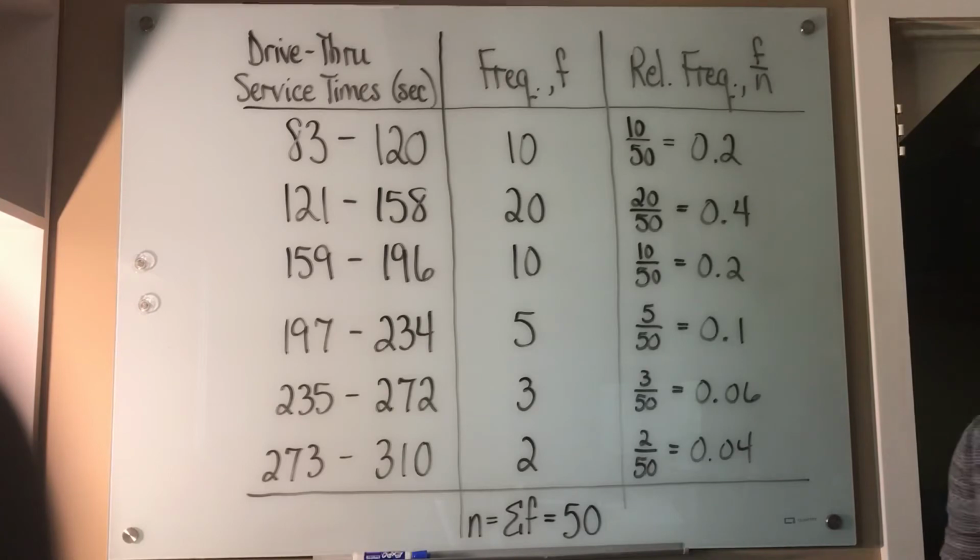Once again, it's a very good idea to sum these up because the answer should come out to be 1 or something very, very close to it. In this case, no rounding was necessary at any point, so this should add up perfectly to 1.